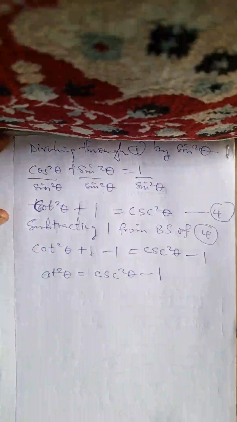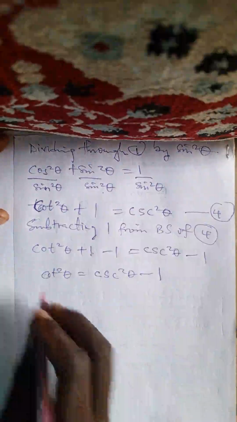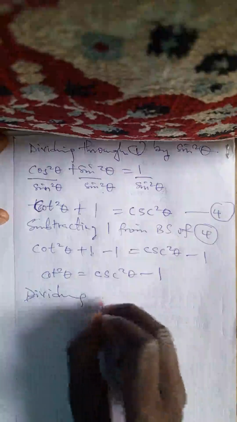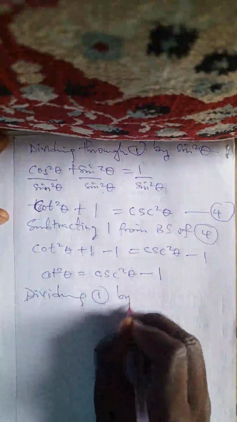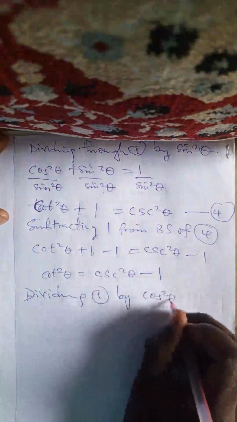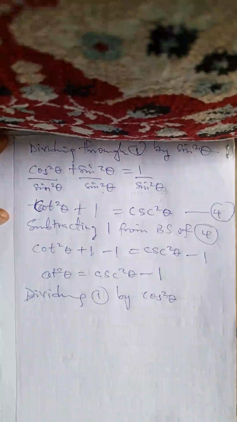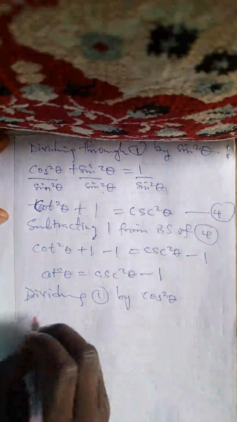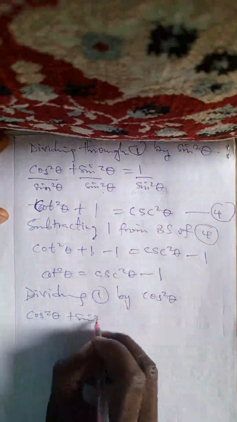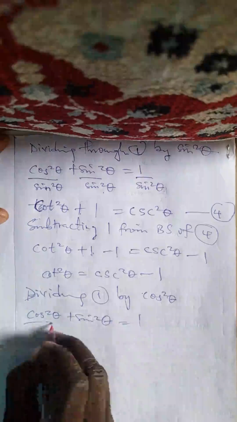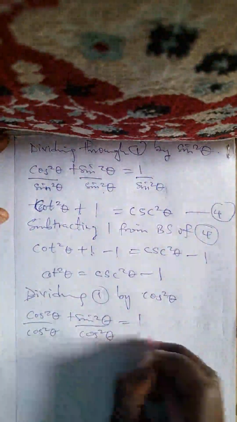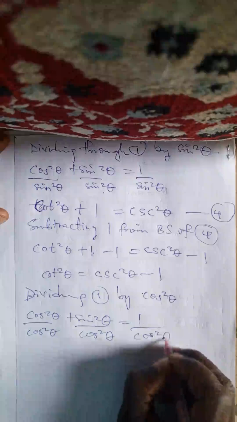Now, dividing the Pythagorean identity, equation 1, by cos square theta. What do we have? We have cos square theta plus sine square theta is equal to 1. Now divide by cos square theta over cos square theta over cos square theta.